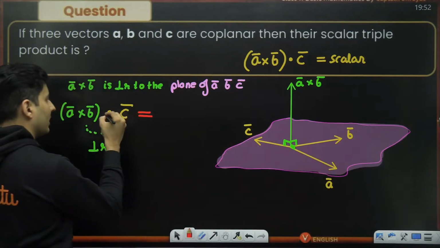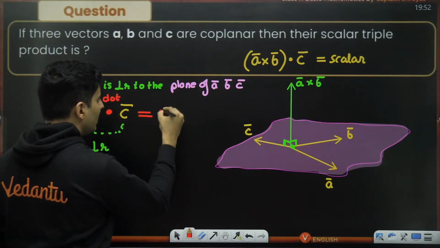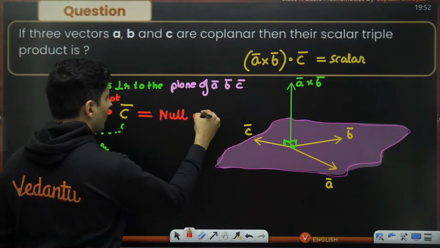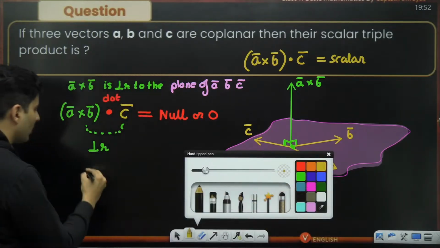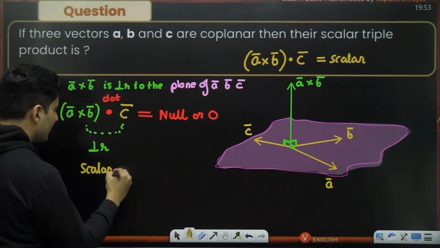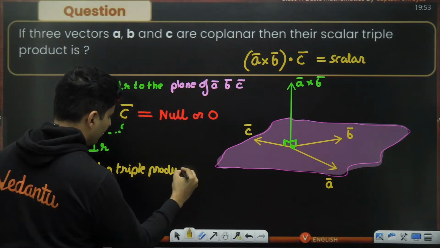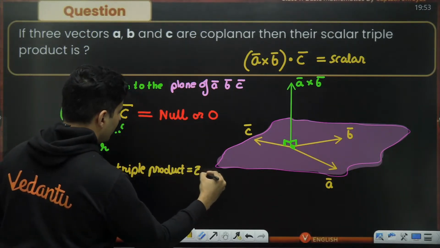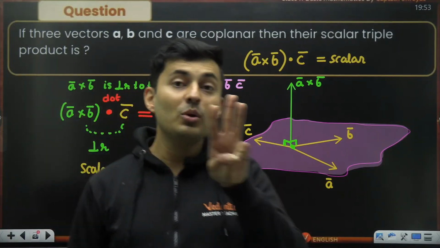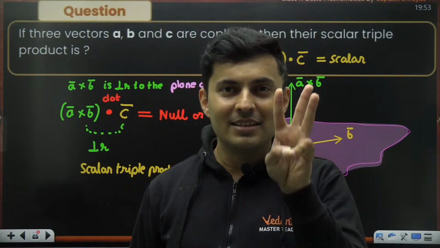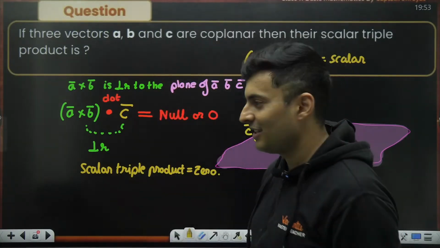Their dot product will always be zero. That means their scalar triple product will be zero. So whenever three vectors are coplanar, you will see their scalar triple product is zero. That is also a coplanarity test.